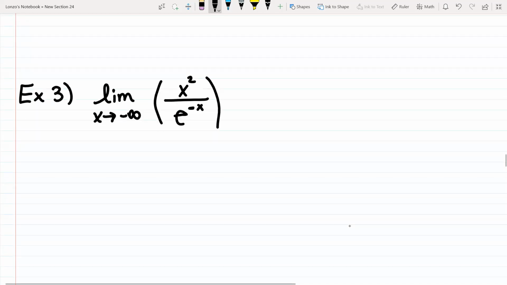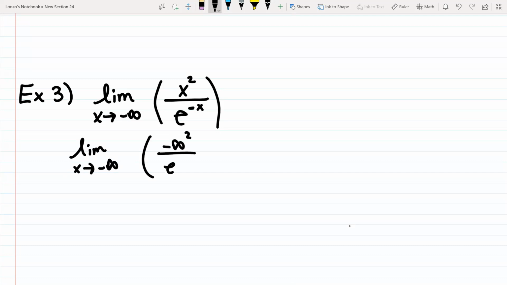Okay, let's do example 3. What's the limit as x approaches negative infinity of x squared over e to the negative x? So what happens when we put in negative infinity? This would be negative infinity squared over e to the minus negative infinity.